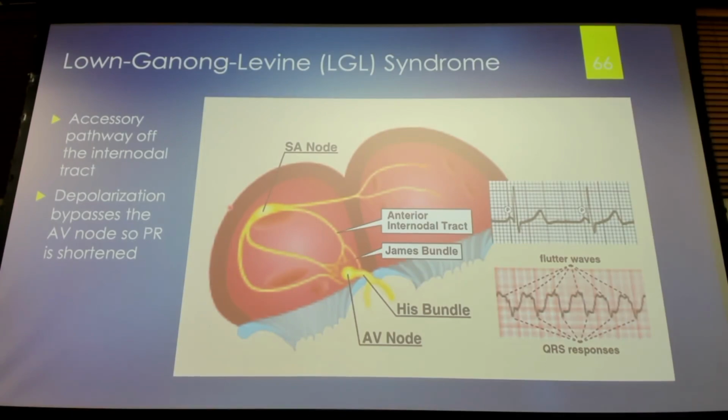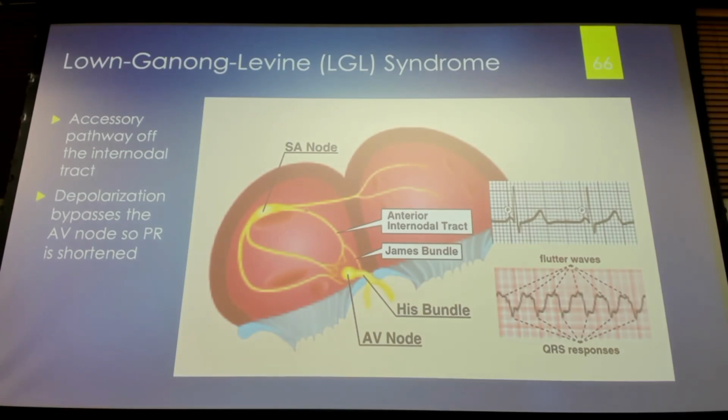The other pre-excitation, so when we think about pre-excitation, again, one of the ventricles is being excited prematurely. Okay, that's Lown-Ganong-Levine. We've got our SA node, it's firing down to our AV node, but somewhere in these internodal tracts, we have an accessory bundle.